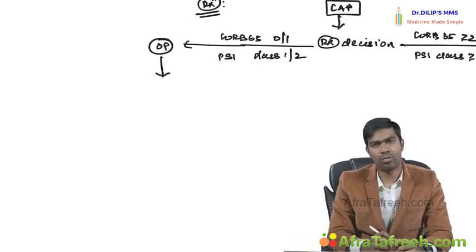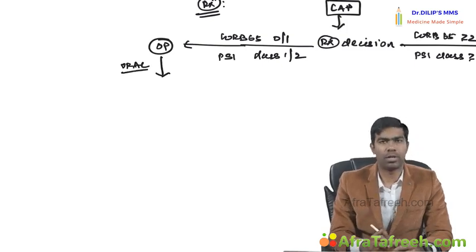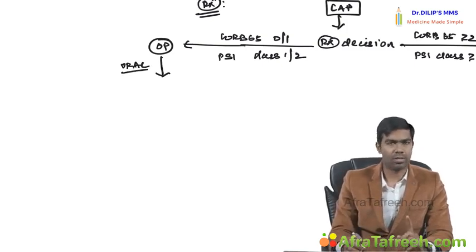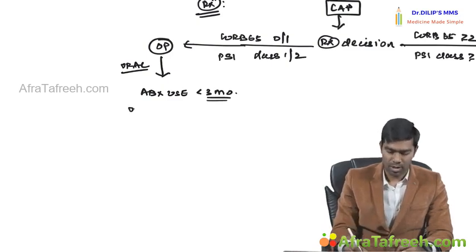If I have decided to treat this patient as OP, I know I have to give oral antibiotics only. So in this case, I have to ask only two questions: is there any antibiotic use in the last 3 months, that is the last 90 days, and does the patient have any comorbidities.